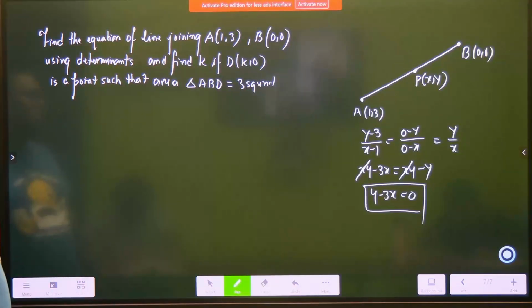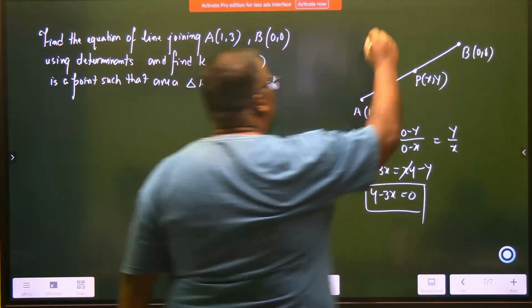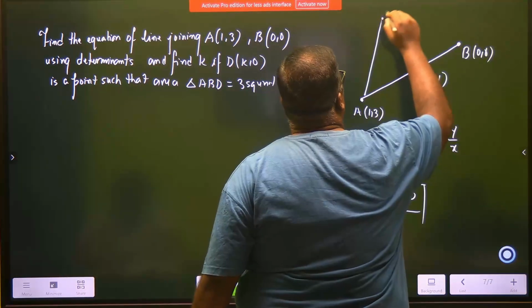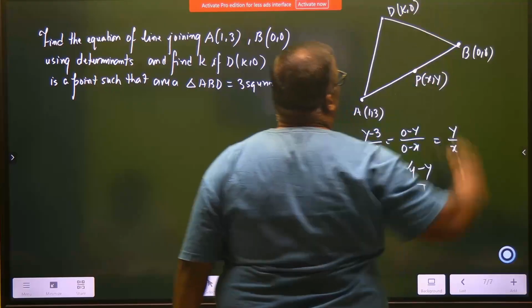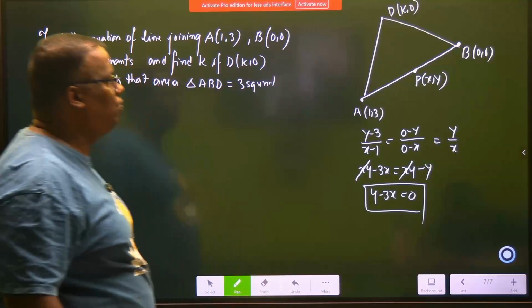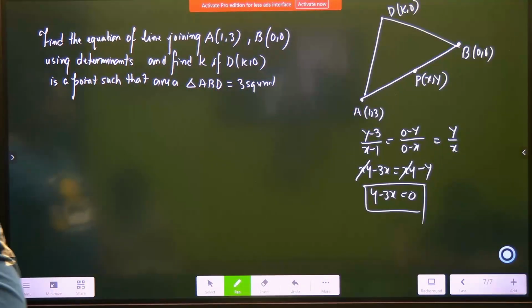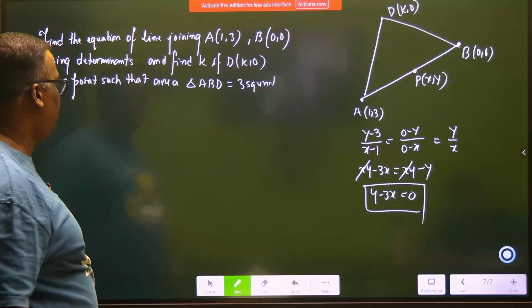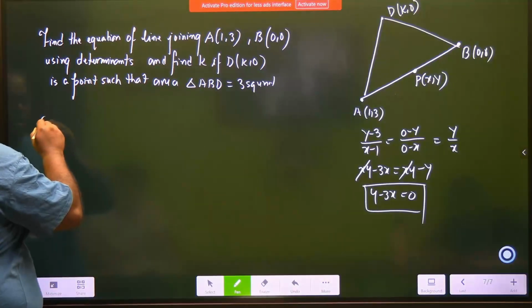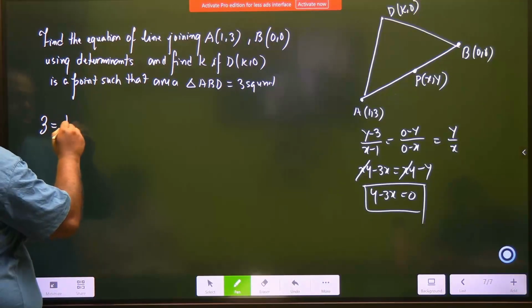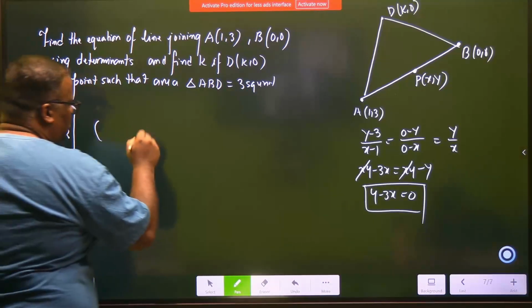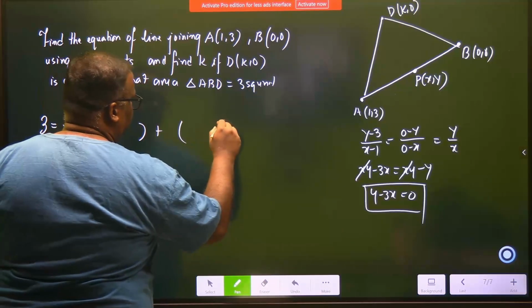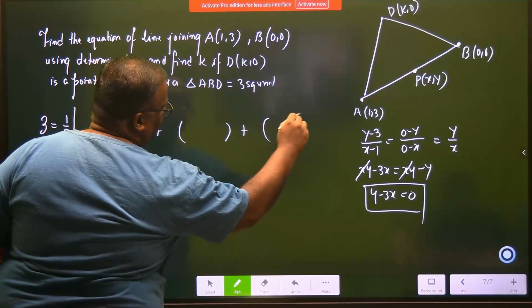And further it says that we have a point D out here, and D has the coordinate (K, 0) and the area is given. So you have to find out what the coordinate K is. Let's find the area. 3 square units should be equal to half, right? Again, bracket plus bracket plus bracket.